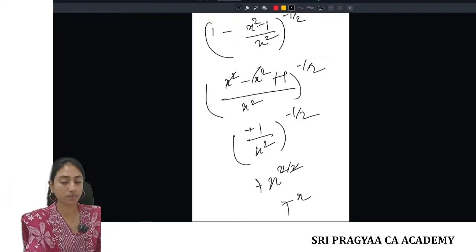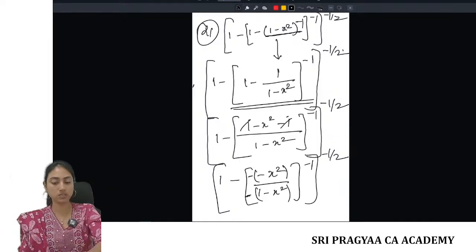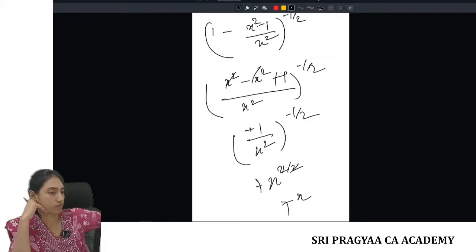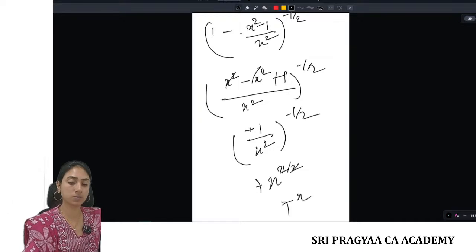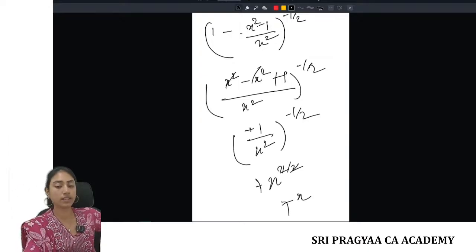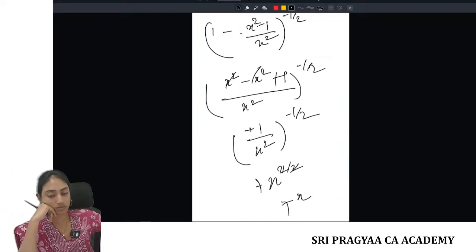Since there is a power of minus 1, you have to invert the whole thing. So this will become x squared minus 1 divided by x squared, the whole power minus 1 by 2. Then take LCM. You will remain with 1 by x squared, the whole power minus 1 by 2. Okay ma'am, got it.